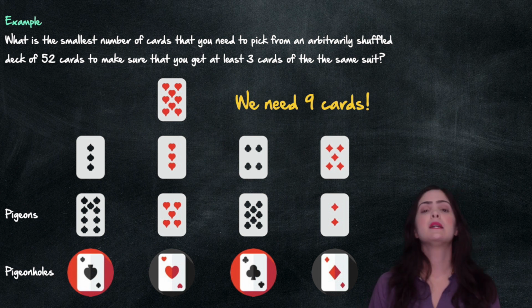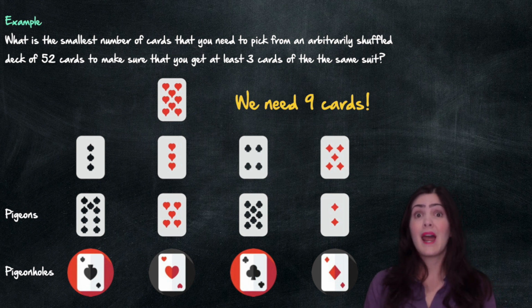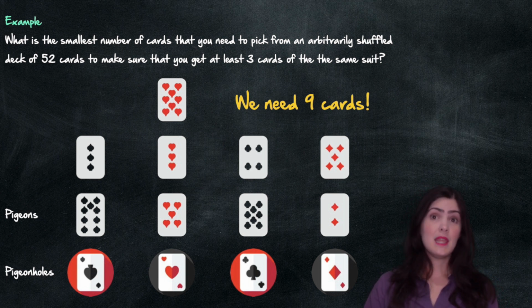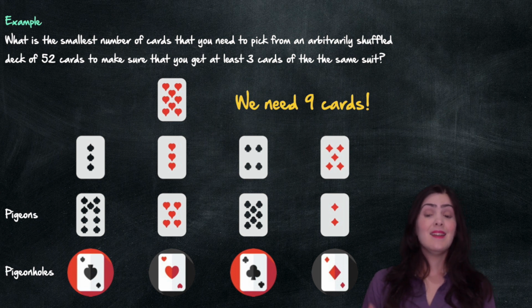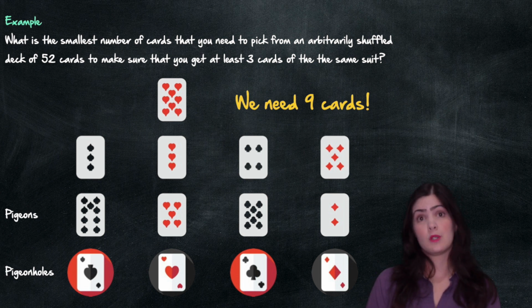Well, you want to minimize the amount of money that you spend getting your cards, so you want to get as few cards as possible. You want to get the minimum number of cards that will guarantee that you're going to win. In this case, you need exactly 9 cards to be 100% sure that you're going to have at least 3 cards with the same suit.